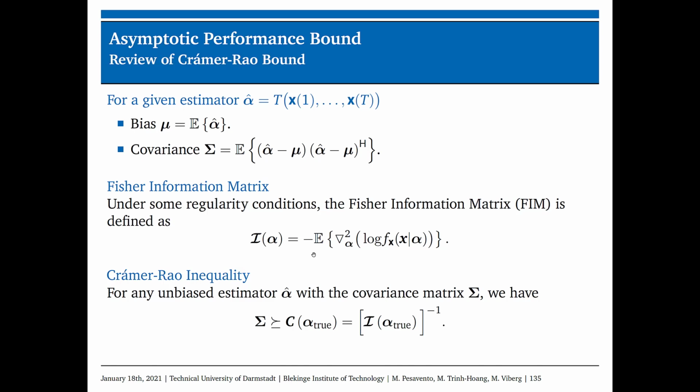A fundamental result in estimation theory states that the covariance matrix of any unbiased estimator, alpha hat, is lower bounded by the inverse of the Fisher information matrix, which is determined as the Cramér-Rao lower bound matrix.